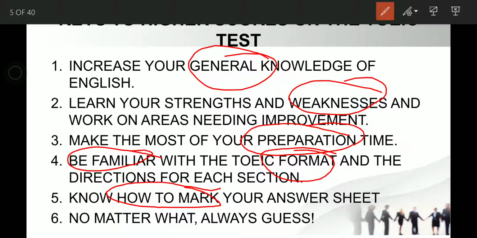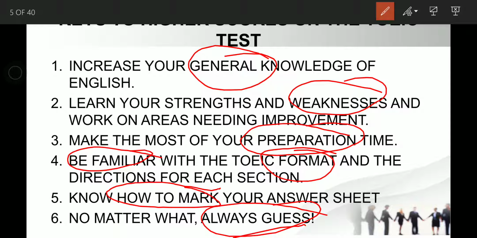And then the last, no matter what, always guess. Guess here means when you don't know the answer, you must guess, because there is no penalty. Remember, there is no penalty in this test. No penalty means that if you make a mistake, you will not have any minus score.